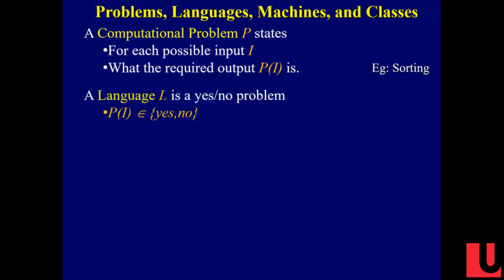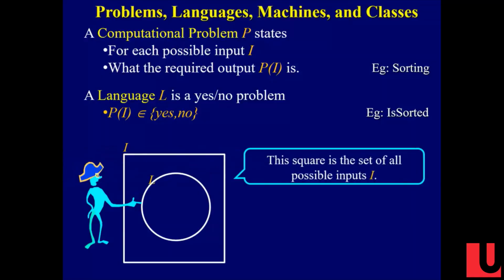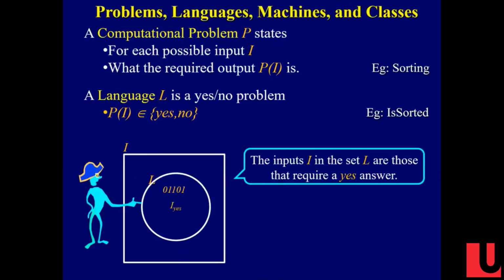A language is a yes/no problem. And so we'll draw pictures like this. This is the set of all inputs, and the ones in here are the yes instances. The square is the set of all instances. Those are the ones for which the Turing machine says yes, the required answer is yes.